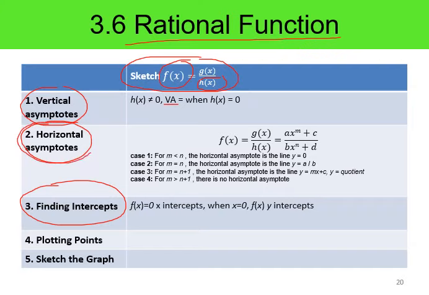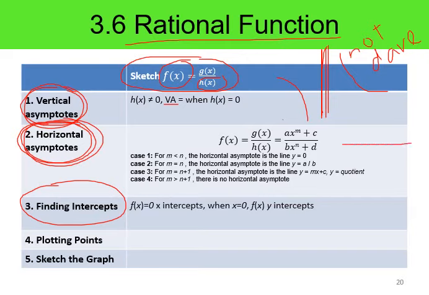This is the vertical asymptote, the line that the curve dare not touch. Okay. The second one, horizontal asymptotes, is defined as the horizontal lines that the curve dare not touch.